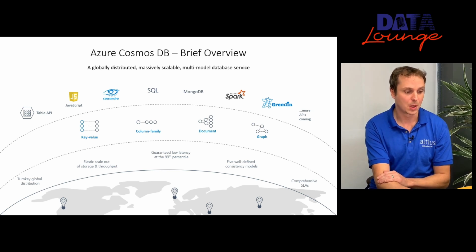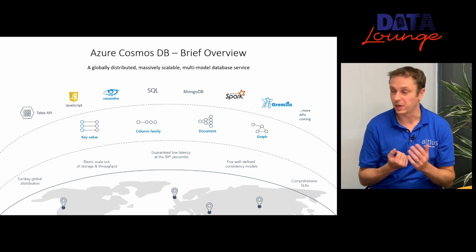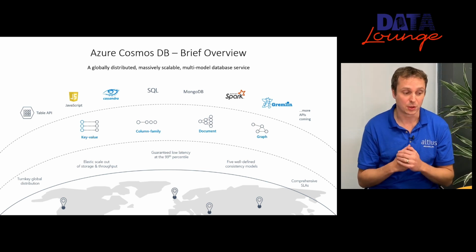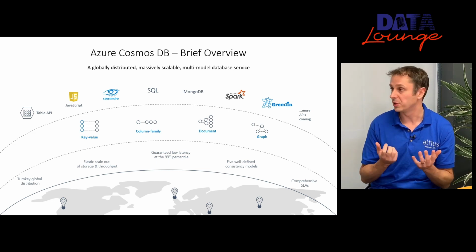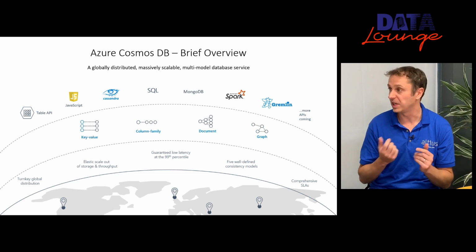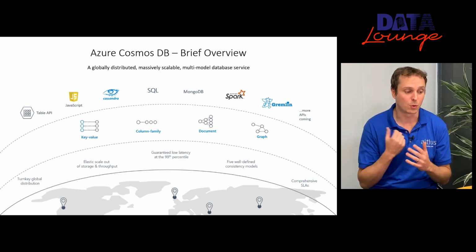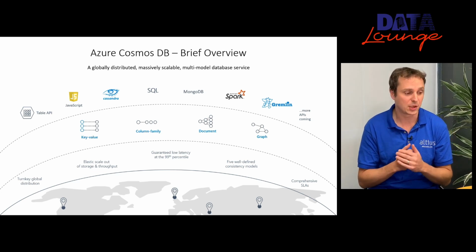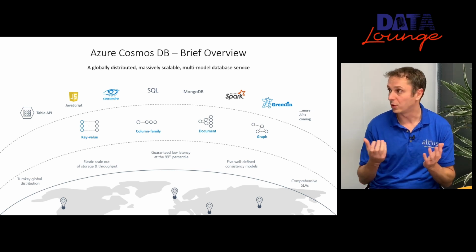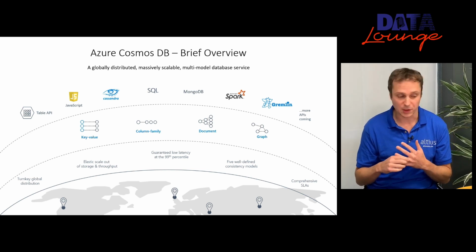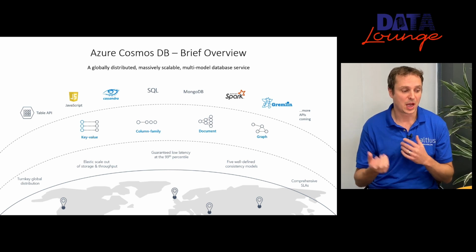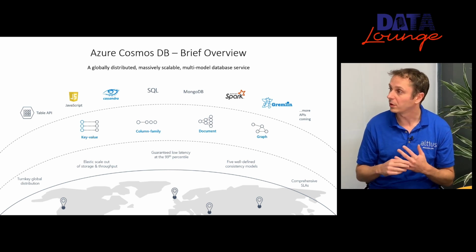The idea is developers can use the things they're typically used to. MongoDB is an open source, well-known option for dealing with documents. And SQL is the one I'm going to be doing today, which is pretty much the old DocumentDB in Azure, giving you an interface on top of a set of JSON documents.